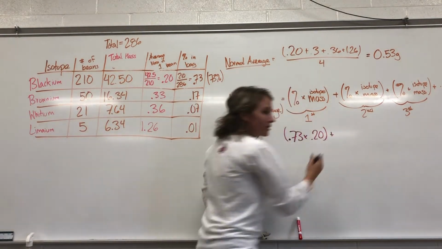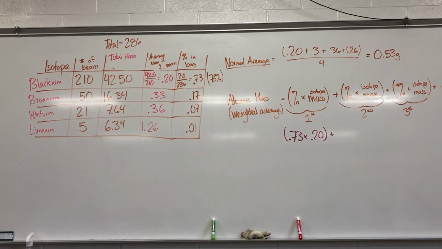In that box on your lab paper where you're calculating the average atomic mass, where it says atomic mass of beanium, I would like you to write out your work so that I can see that you have the right equation. So this is what I would write in that box.